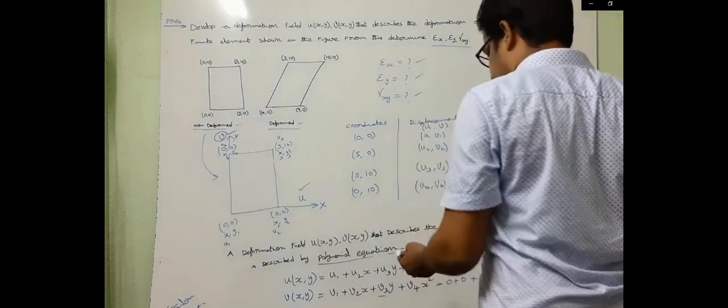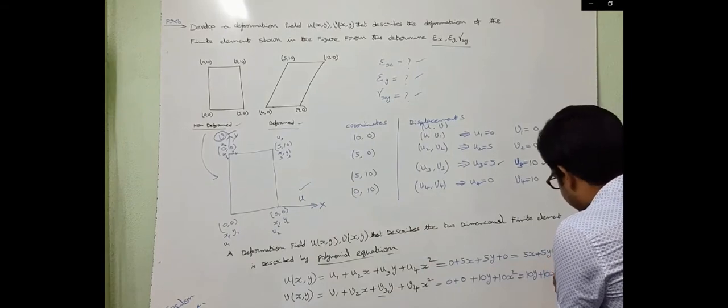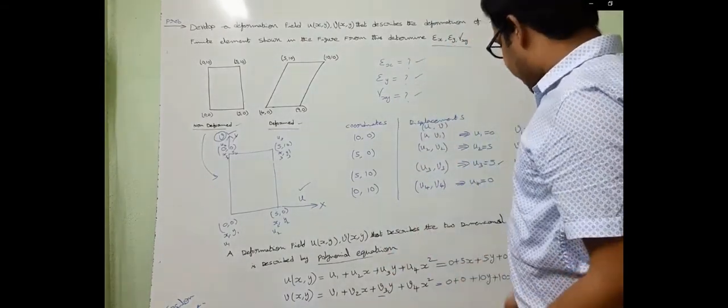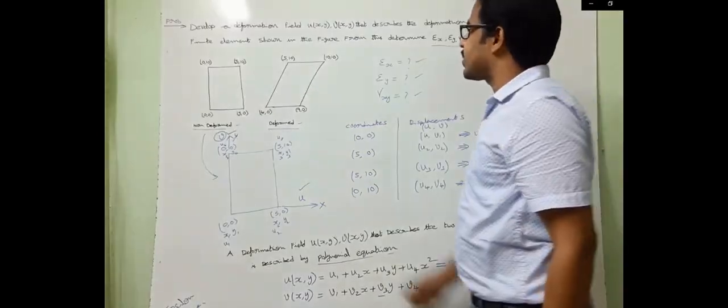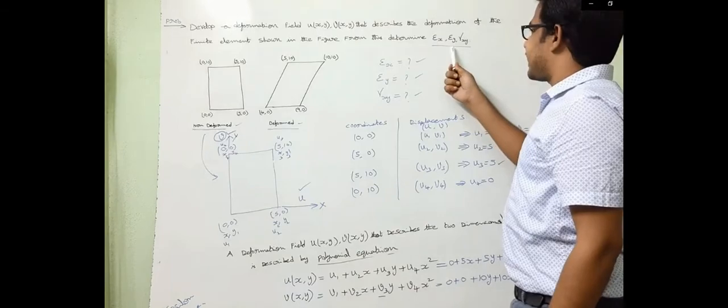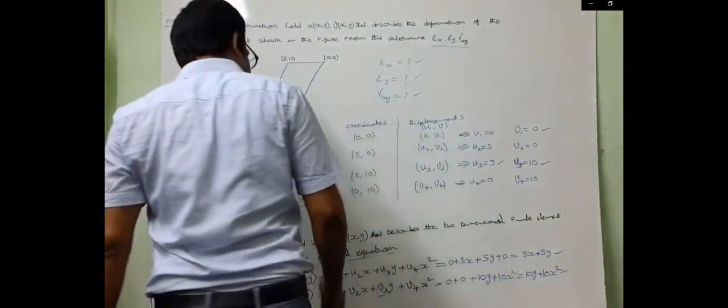These are the polynomial equations. After completing these, we need to calculate epsilon x, epsilon y and gamma xy.